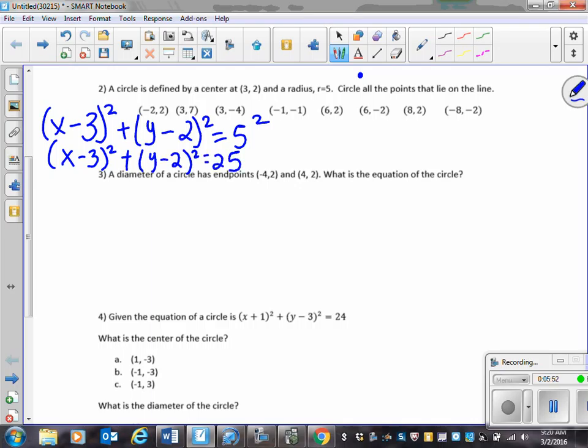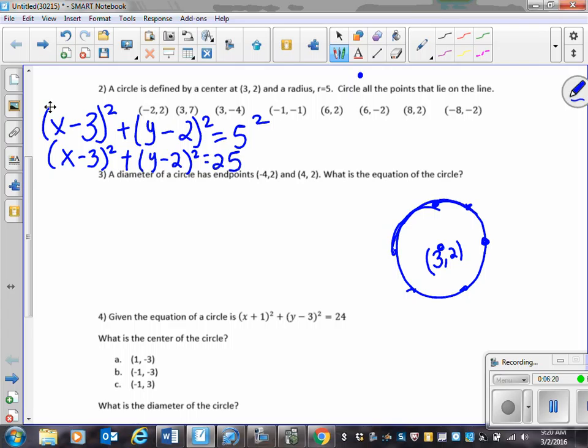Then the next thing is circle all the points that lie on this circle. So that means when you create the circle, this is your center, let's say this is 3 and 2. The points you're picking need to be on the circle, on the line of the circle, not inside or outside. Graphing it makes it harder because the curve is very hard to define.